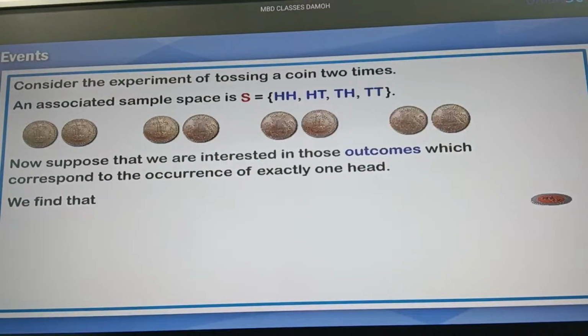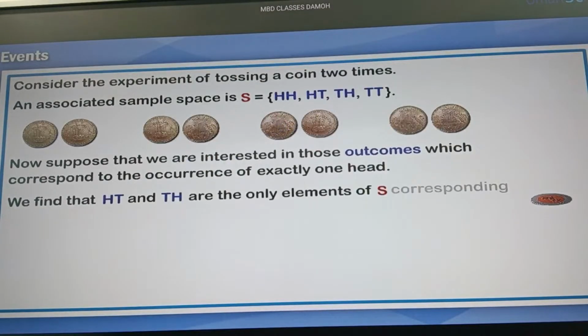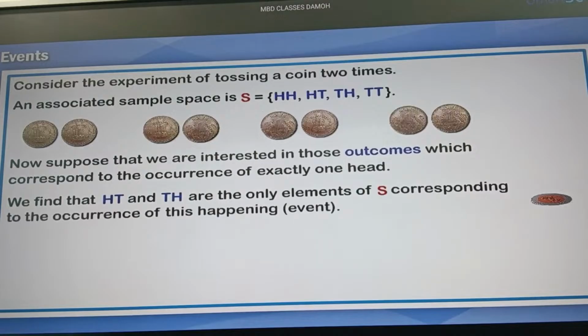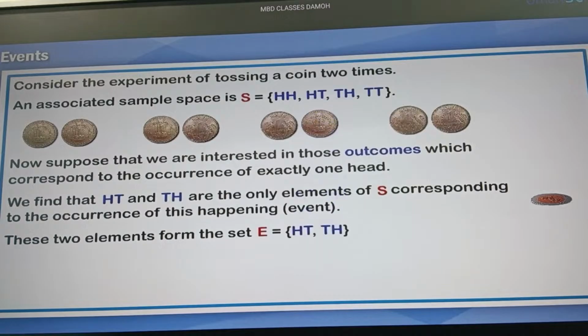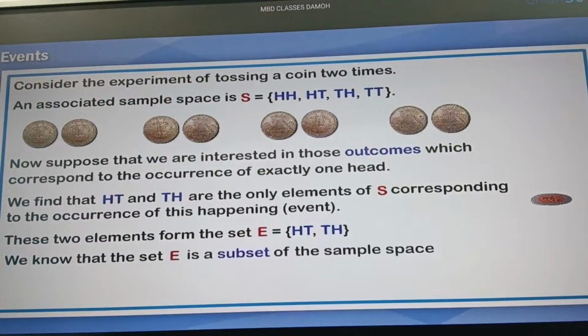We find that HT and TH are the only elements of S corresponding to the occurrence of this happening or event. These two elements form the set E = {HT, TH}. We know that the set E is a subset of the sample space S.